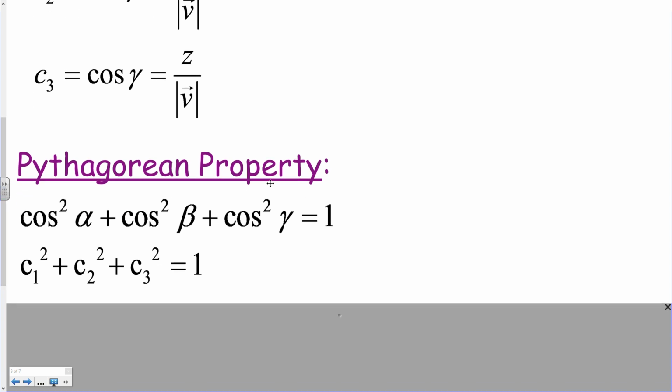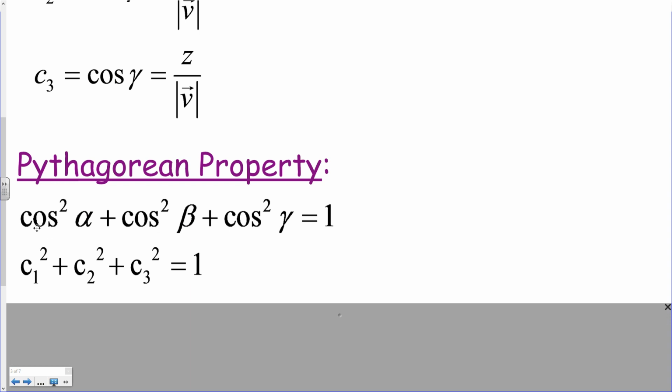The Pythagorean property says this: if you take the direction cosine for alpha and square it, so that's cosine of alpha squared, and add it to the direction cosine for beta squared, so the cosine of beta squared, and do the same thing for gamma, the cosine of gamma squared, it turns out that that sum gives us 1. So this isn't quite the Pythagorean theorem, but it's pretty close, and you can see where it comes from as to why we call it the Pythagorean property.